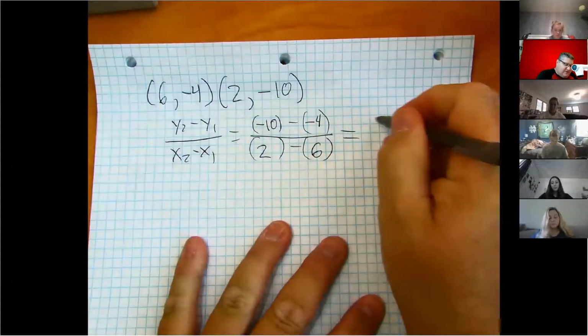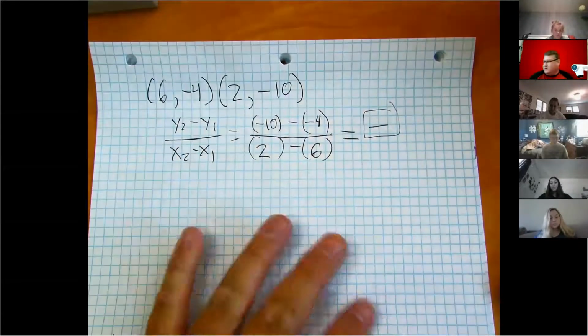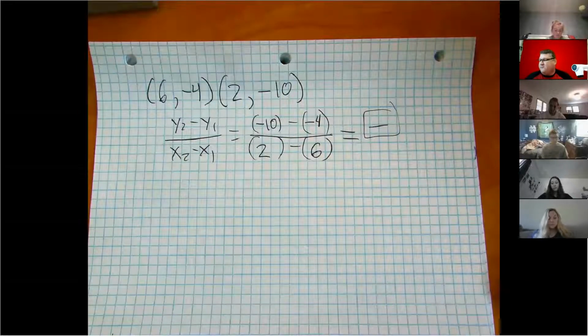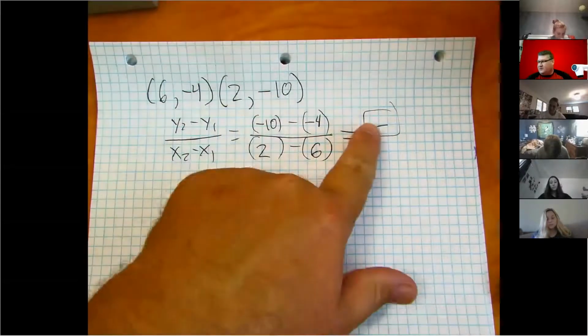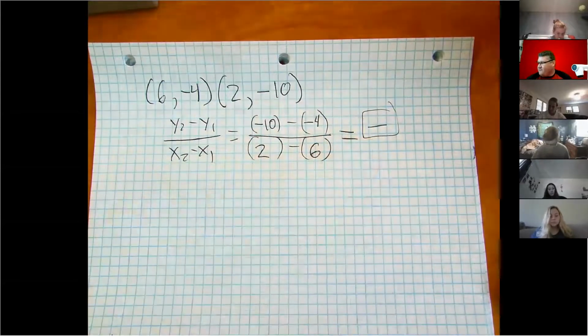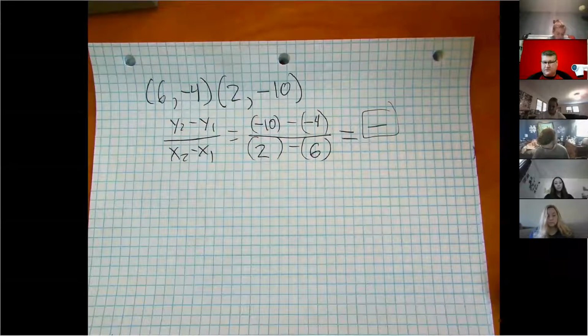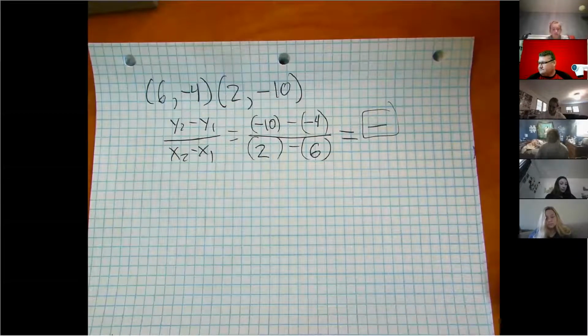Now, somebody tell me what this fraction is. Put it in the chat. Hi, Hayden. Put in the chat what the answer to this fraction is. I don't see nobody in the chat. Come on now. Or you can just tell me. Lindley, what's the answer?